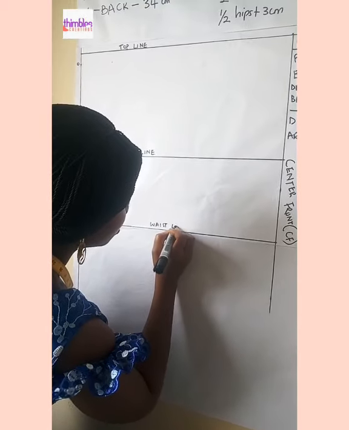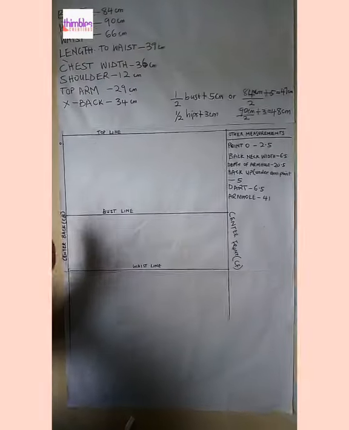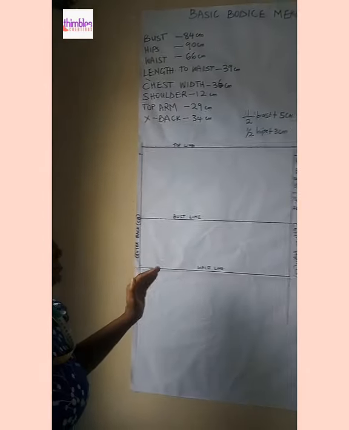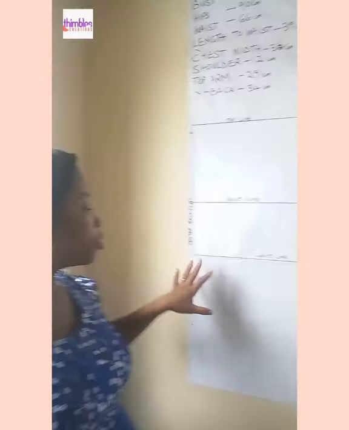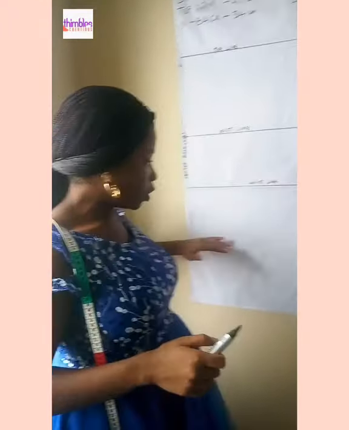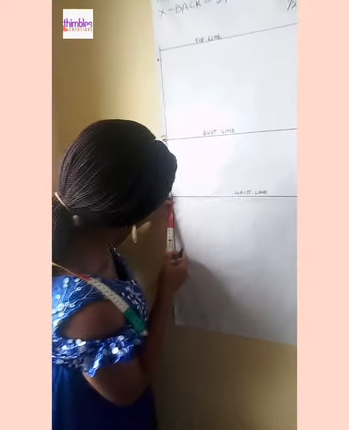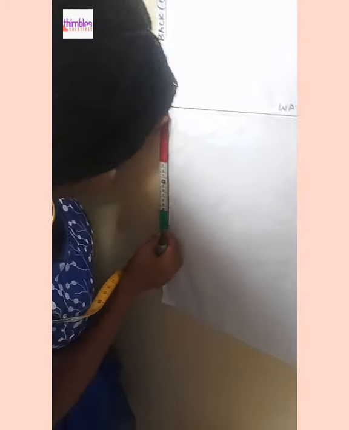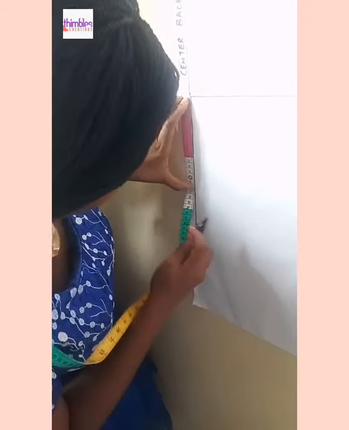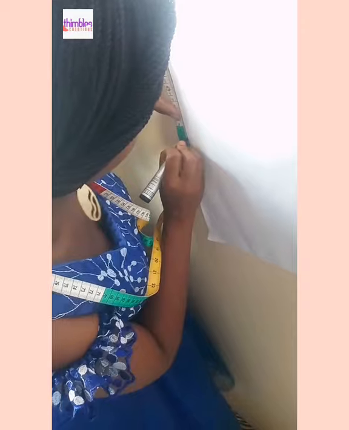Okay. The next line we're going to draw is our hips line. To get our hips line, it is usually 22 cm below the waistline. So I do it this way: 22 cm. This is 22 centimeters. Let me extend this line.